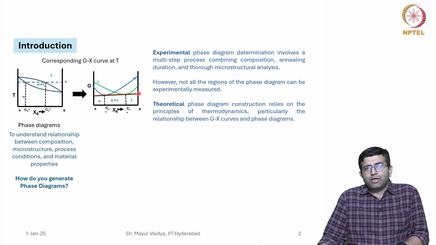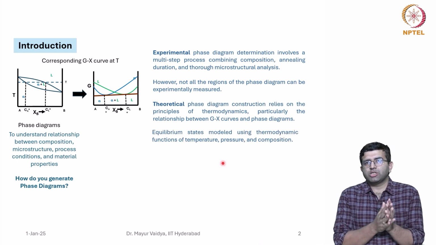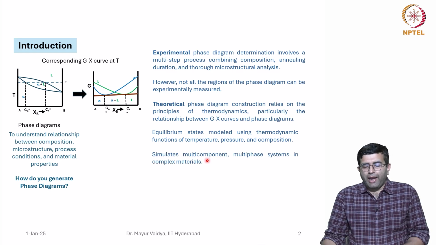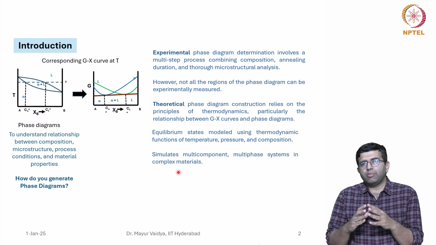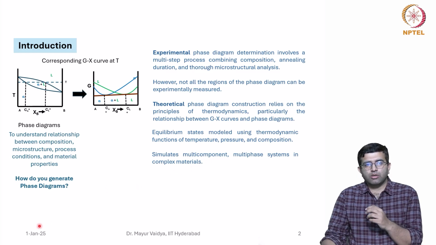And as I told you, because there is a correspondence with the free energy versus composition curves, the basis of generating phase diagrams is the relationship between the G versus X curves and the corresponding phase diagrams. So, these equilibrium states are modeled using thermodynamic functions of temperature, pressure and composition. And that is used basically to simulate multi-component, multi-phase systems in complex materials.